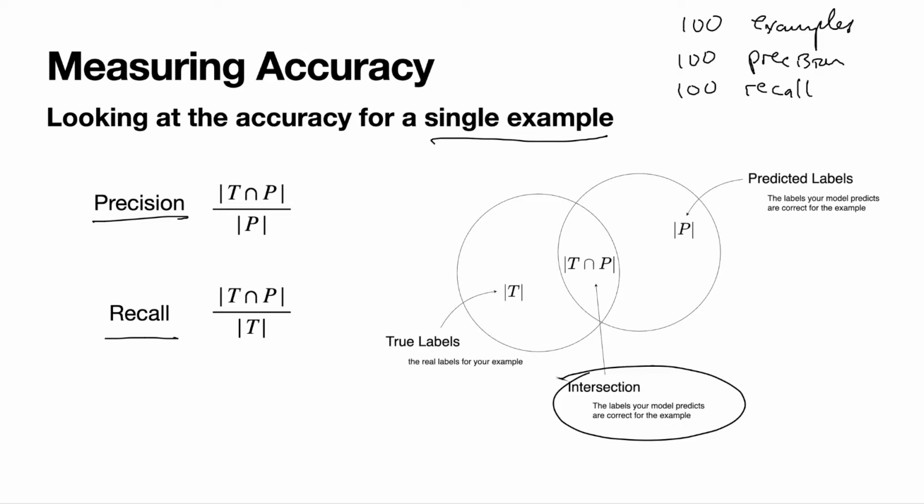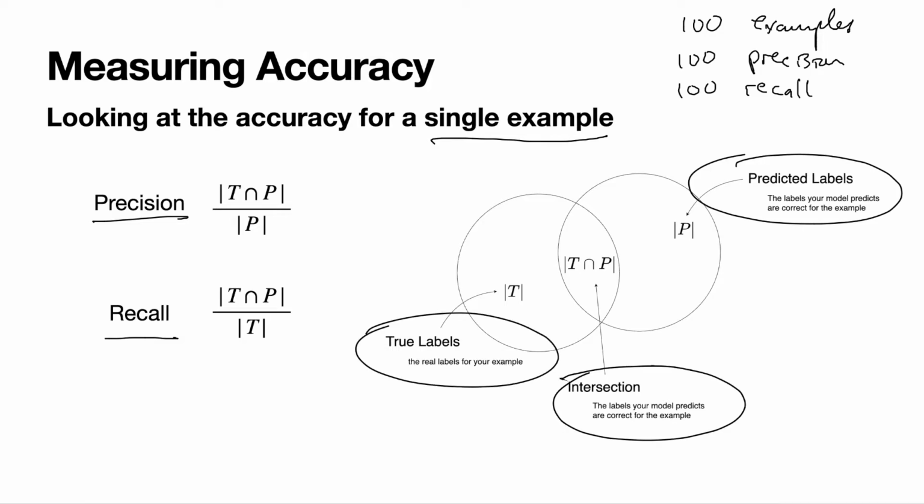So these are the labels that our model predicted to be correct, which are actually correct, divided by the total number of predicted labels. And to get the recall, we actually do the same thing. We get the intersection between the true labels and the predicted labels. So this is the labels that our model got correct, which are actually correct, and divide that by the total number of true labels for our example.